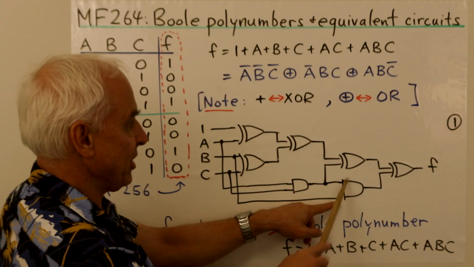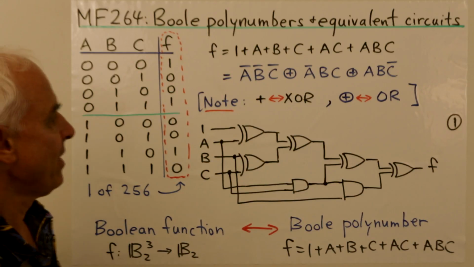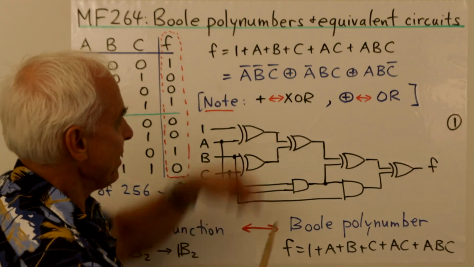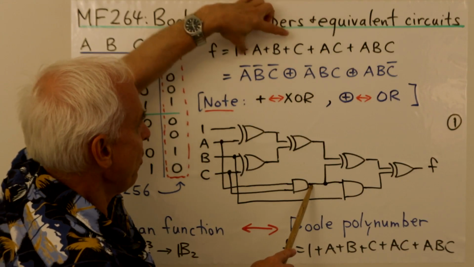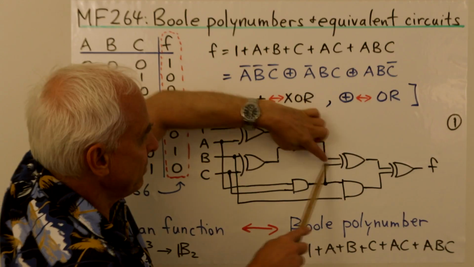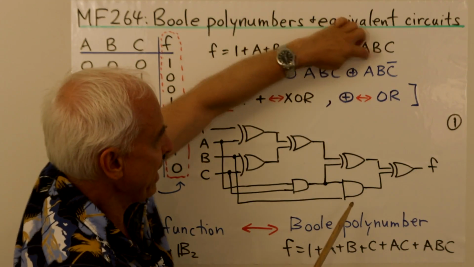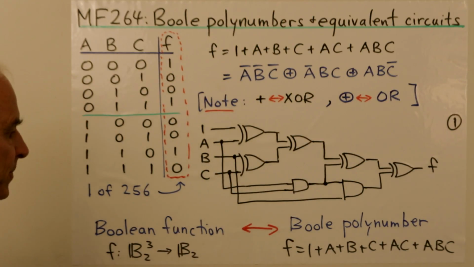So this AND here will result in ABC. And then the effect is that we need to combine AC, there's AC coming out of there, with what we had before. So that XOR adds that to that. And then finally the ABC is added on to that to give us the output F.